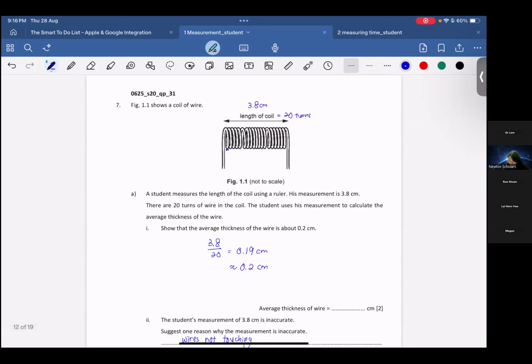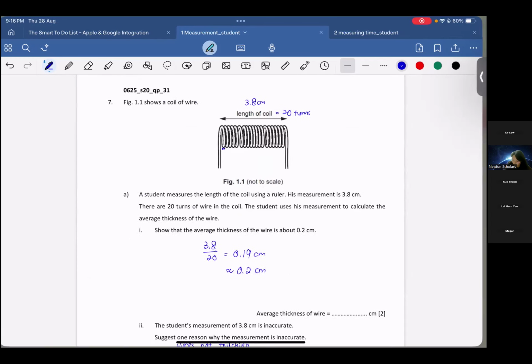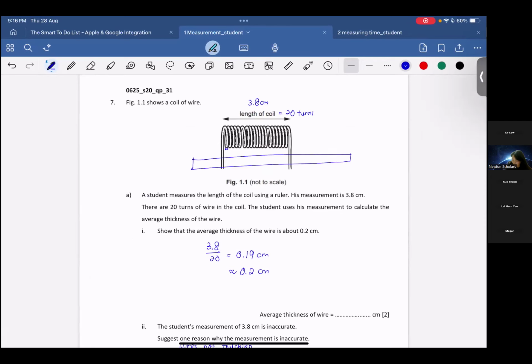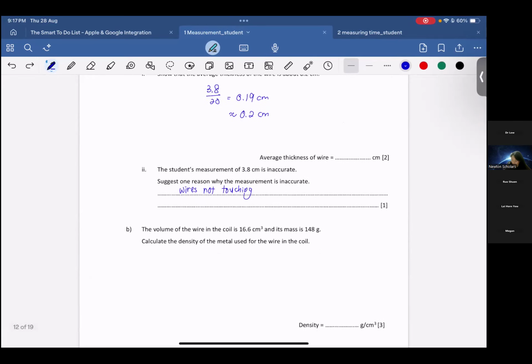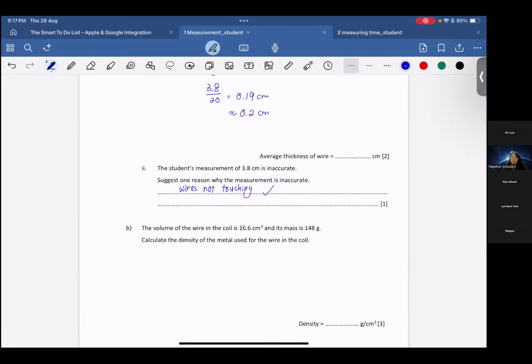I'm not that encouraged by this answer, unless they draw a ruler showing they are not starting from zero. What else does the answer scheme write? Wire overlapping. Where is there wire overlapping? I don't want that. I think this answer is the best: there is a gap, there is a space, some part the wire doesn't touch.